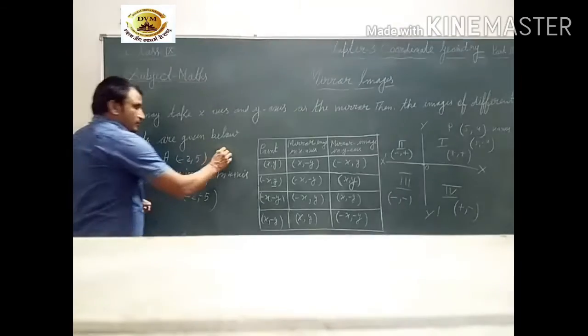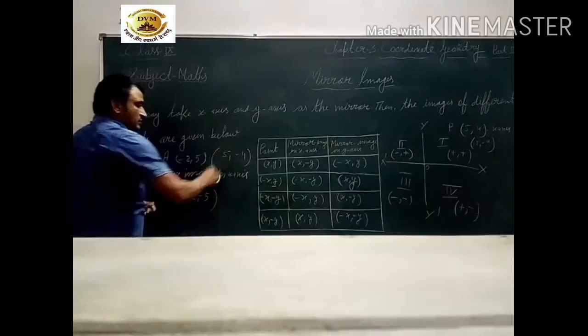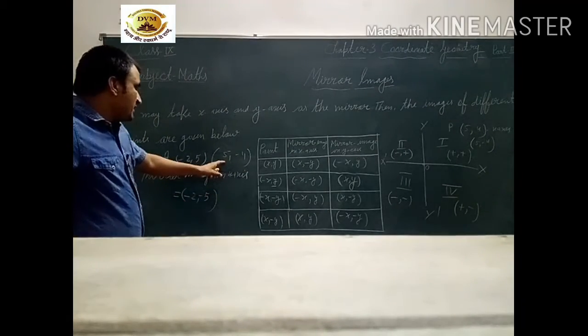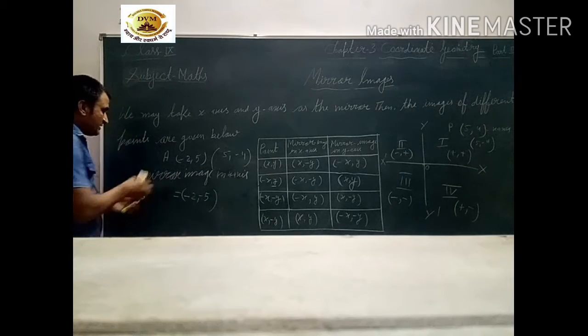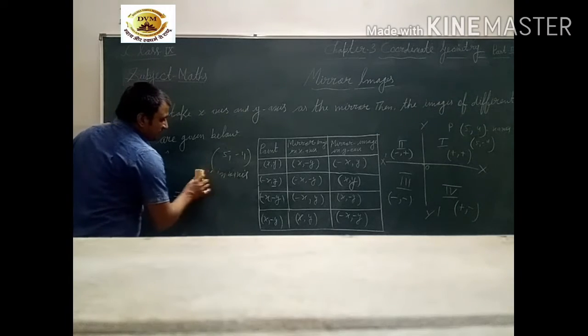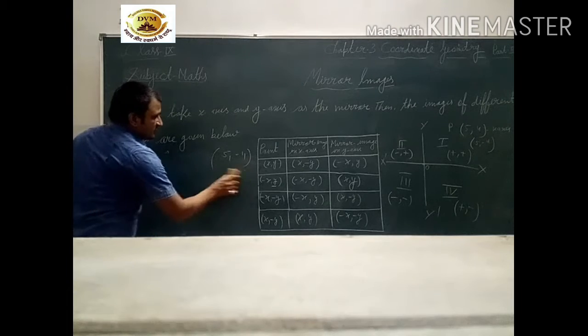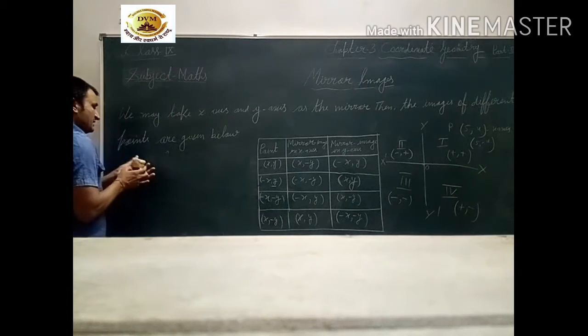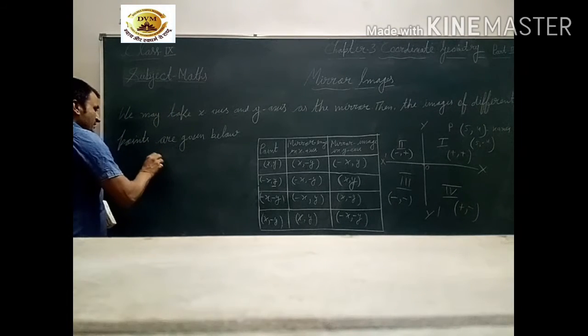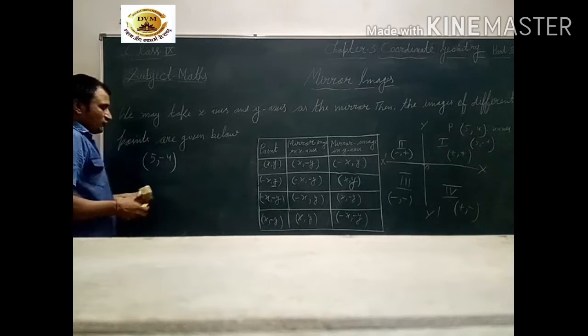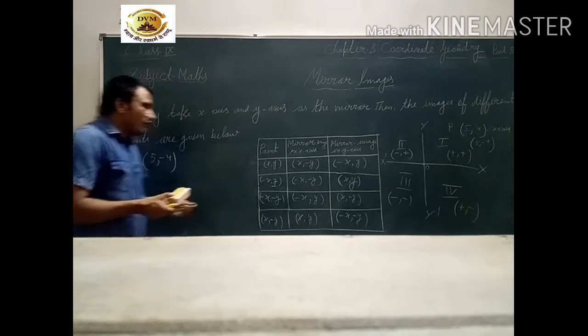Now the given point is 5 comma minus 4. What is the mirror image in y axis?